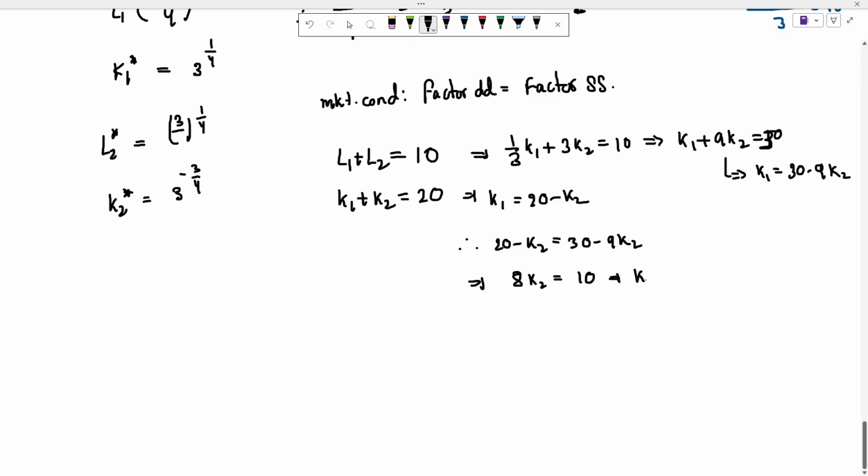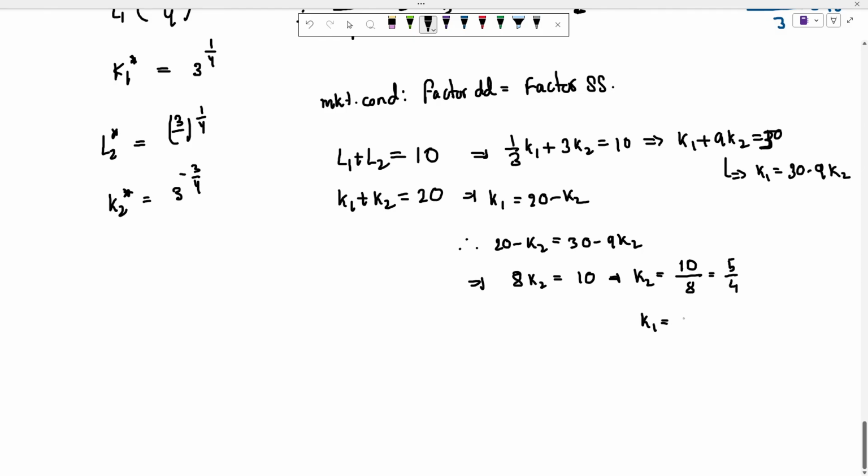This implies K2 is just 10 by 8, which is 5 by 4. Yeah, this is just 5 by 4. So what should be my K1?